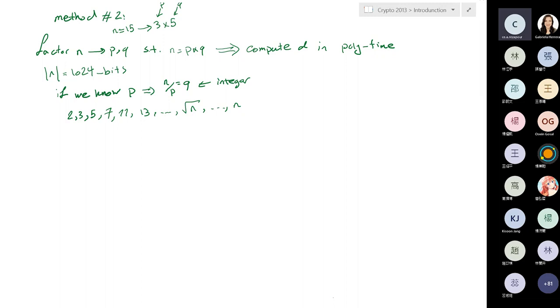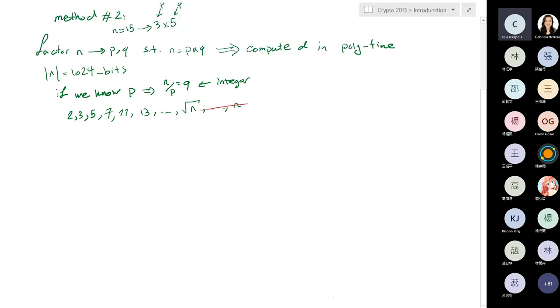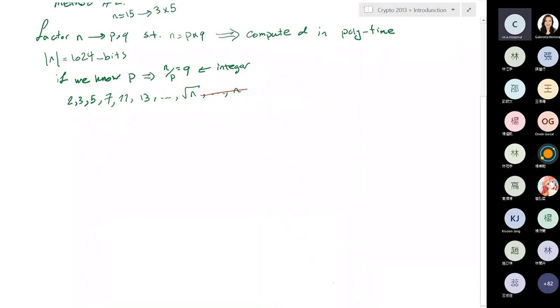Okay, but there's a trick over here, and the trick tells us that we don't have to actually go all the way to n, and only up to the square root of n would be enough. How so? Because we know that if we have a number that is 1024 bits, it means that roughly two numbers of 512 bits got multiplied to each other, so that now we have a 1024 bit integer, right?